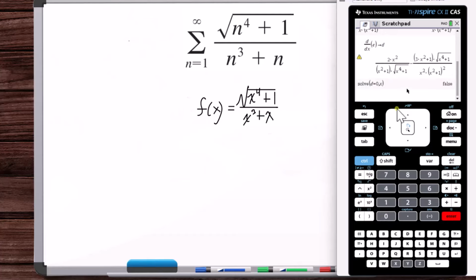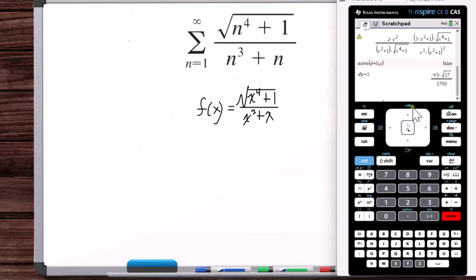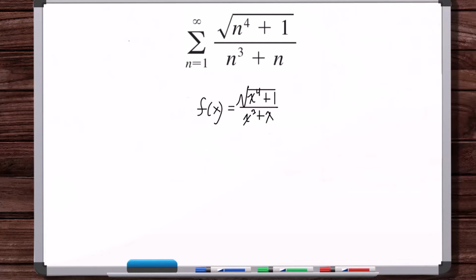It never does. So let's take the derivative and plug in any value of x that's greater than 1. So, 2. That's negative. And so the derivative will never change signs. So it's always decreasing. So we have a continuous positive decreasing function here. So it's eligible for the integral test.